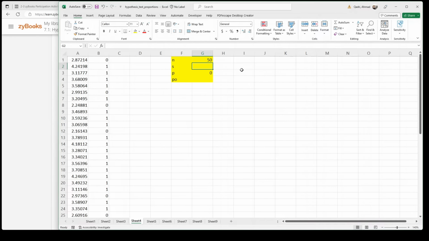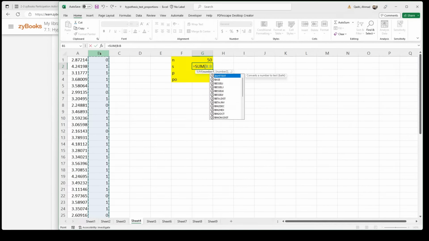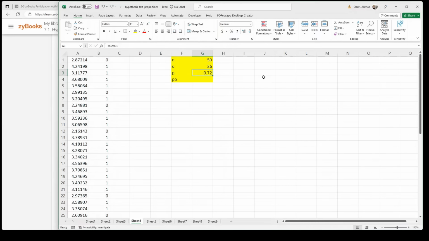For this, I can just say equal SUM and click here on column B, enter. This gives me the sum, 36. 36 out of 50. So there are 36 cells out of 50 total where the value is 1. So p-hat is calculated as 36 over 50, 0.72.